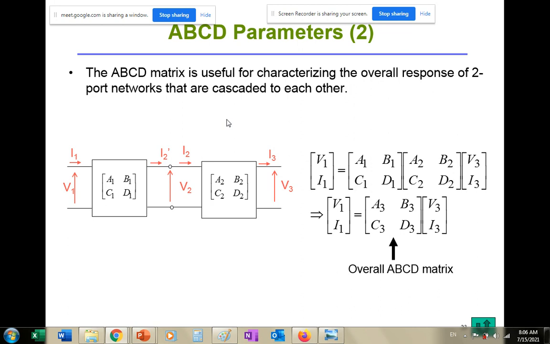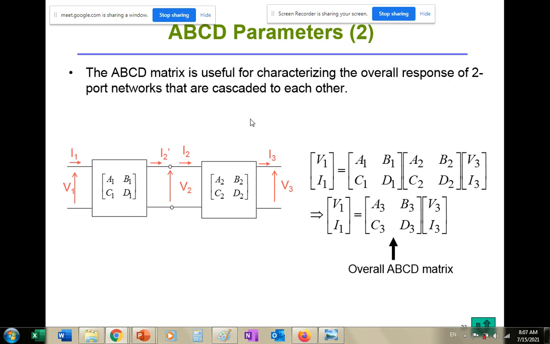Understand? And so it is not a limitation. The shorting and open circuit limitation is only in the characterization process. After that, once you get the ABCD matrix, you can use it for any load condition.